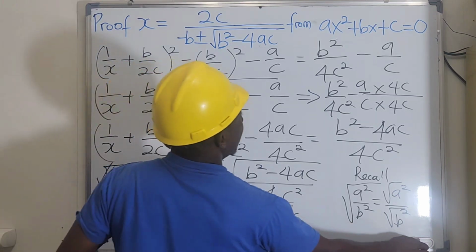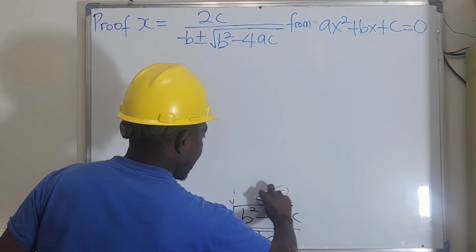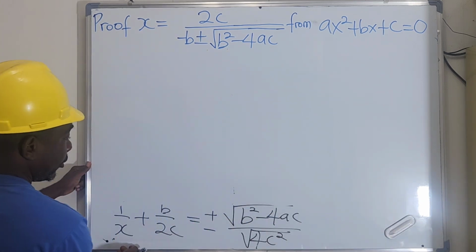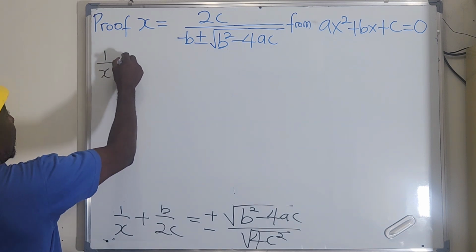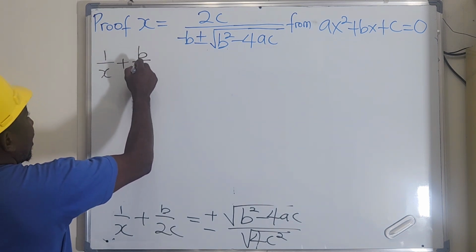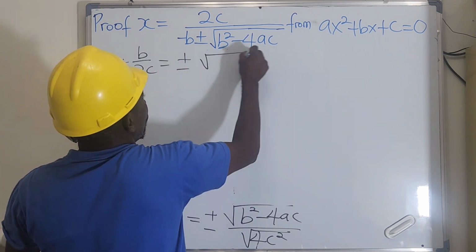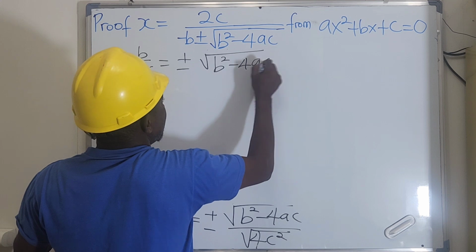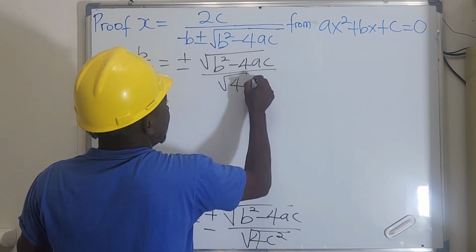Now, for more clarification, we need to move to this upper side. So we need to clear this, for us to have further space to get more solution. So let's transfer this to this other side. We have 1 all over x plus b all over 2c equals to plus or minus square root of b squared minus 4ac all over square root of 4c squared.